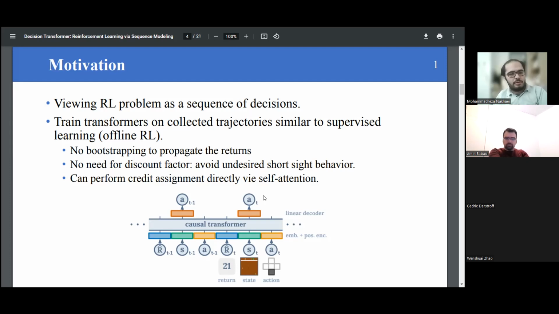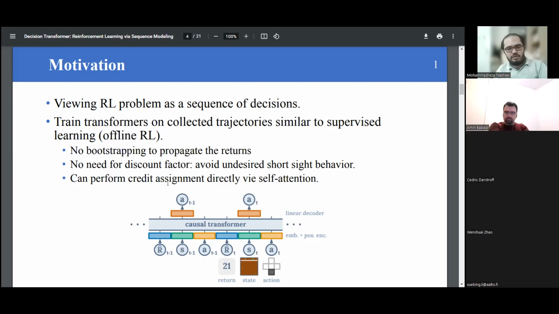In this paper, the authors use their method on offline reinforcement learning and on data sets. This method has some advantages, such as there is no bootstrapping, so the propagation of returns is really faster. There is no need for a discount factor, so the undesired short-sighted behavior caused by the discount factor can be avoided.